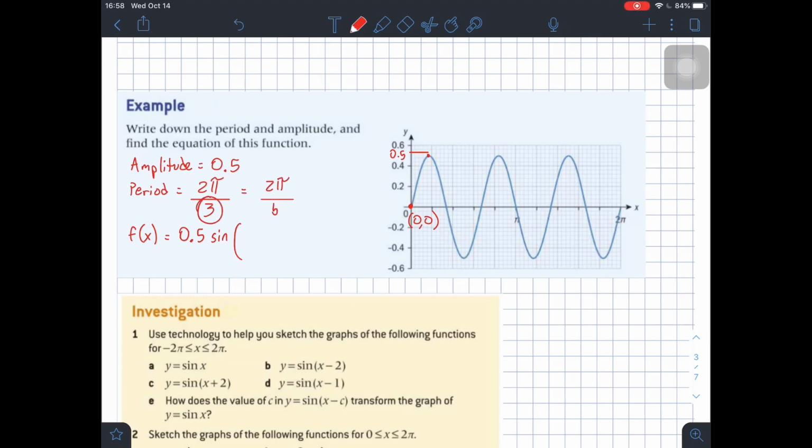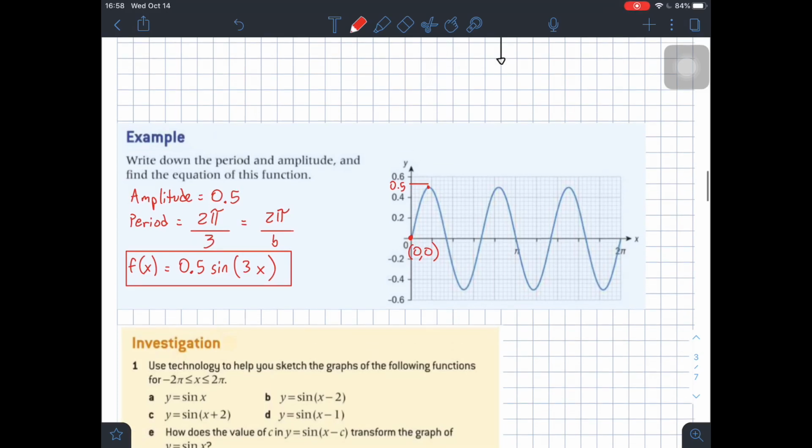So here we have the value of b, which is 3. So this is 0.5 times sine of 3x. So this is the function that is being graphed right here to the right, okay? So this is how we determine the function if we're given the graph of the function, okay?